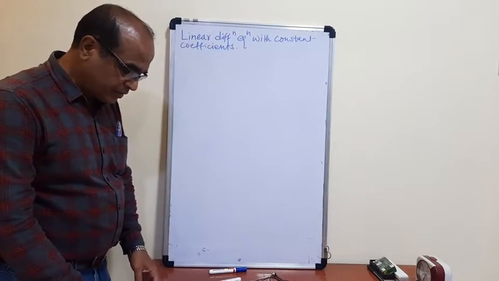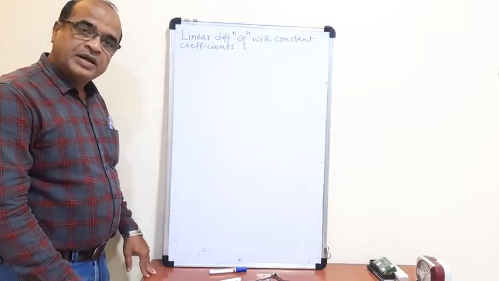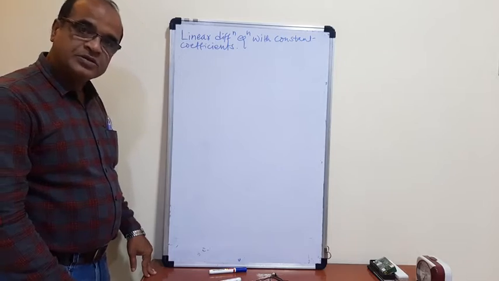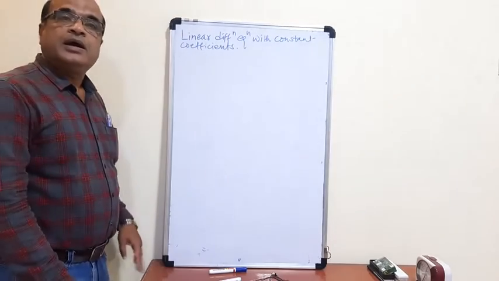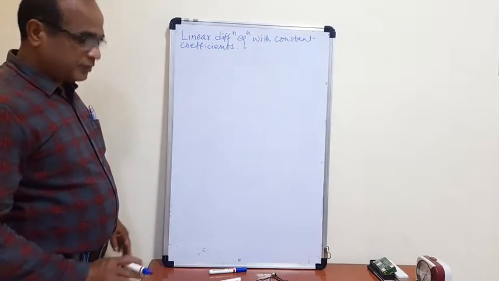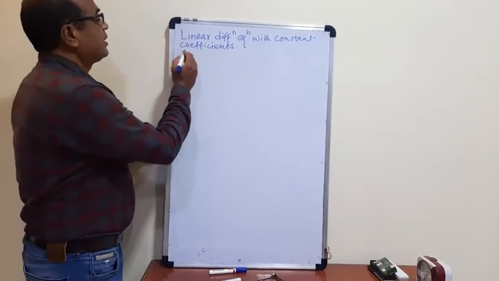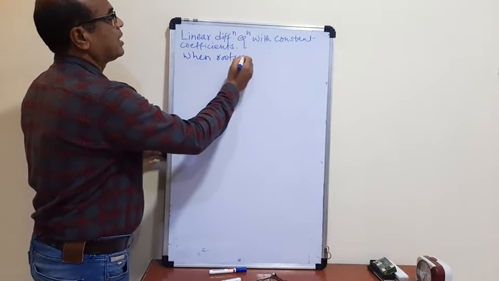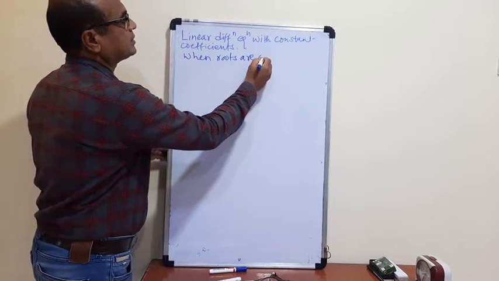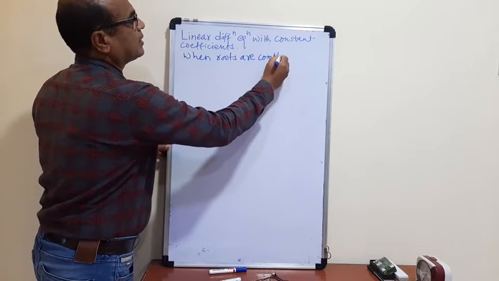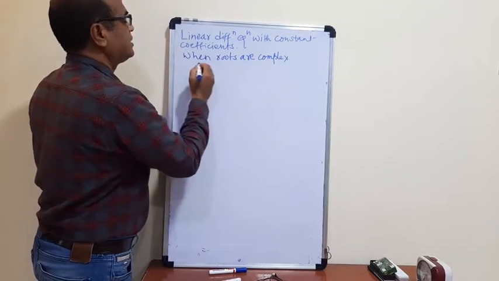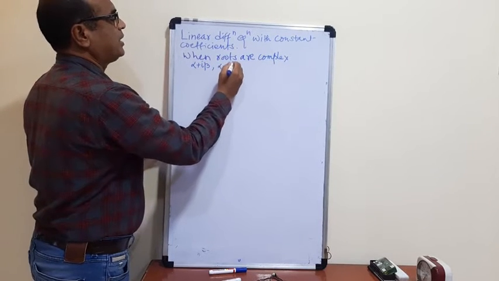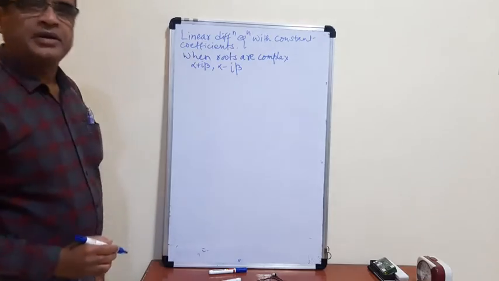Now, if the roots are complex roots, then what is the solution here? Yesterday, we studied when the roots are complex, say imaginary. So alpha plus i beta and alpha minus i beta are the imaginary roots.